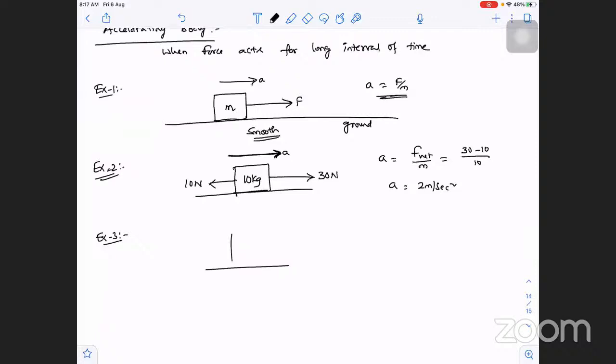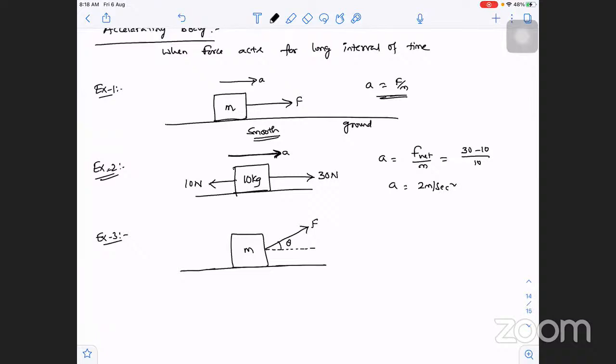For example, suppose on the ground there is a block of mass m. Now force is acting at an angle theta with the horizontal. Now force is not horizontal. Force is at some angle theta. And the object is traveling on the ground. Object is not lifted off.